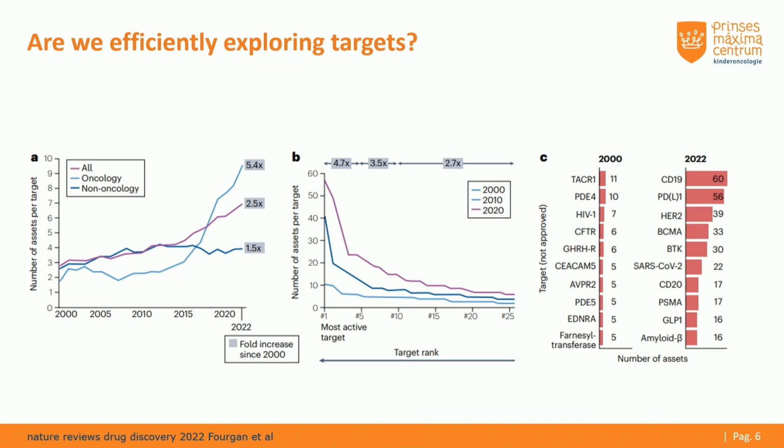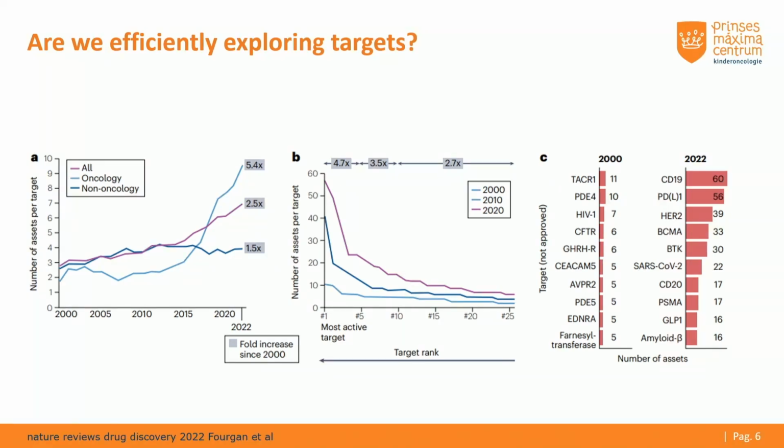And for the most popular targets in 2020, more than 50 companies, maybe also startups, are aiming for a particular target, here CD19 and PD-L1, both immunotherapy targets. And we really should think: they come to you for pediatric requirements, and should we sacrifice our patient population for checkpoint inhibitor number X just to become best in class or to have a backbone?